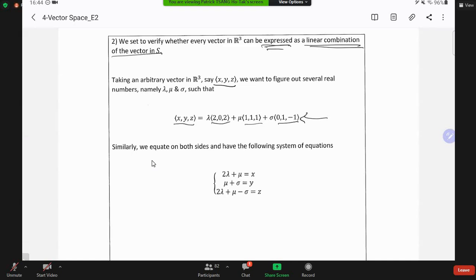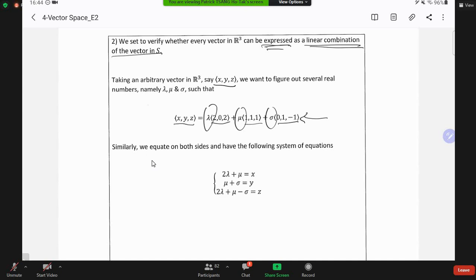Again, we also associate some constants. I associate a lambda, mu, and sigma with the vectors in S in order to form a so-called linear combination.